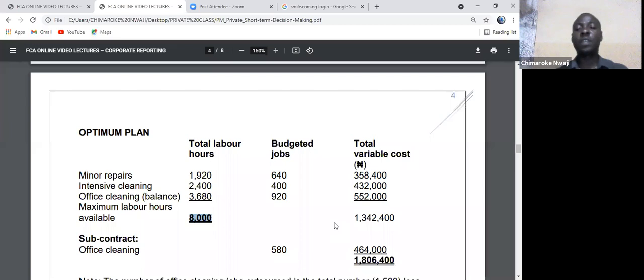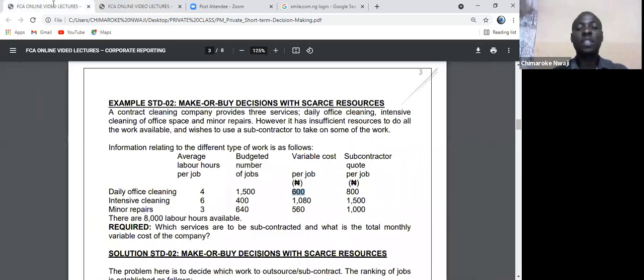Now that's your variable costs, and that's not all. The subcontractor, you are going to give him 580 jobs, and he's quoting that he's going to take 800 naira.